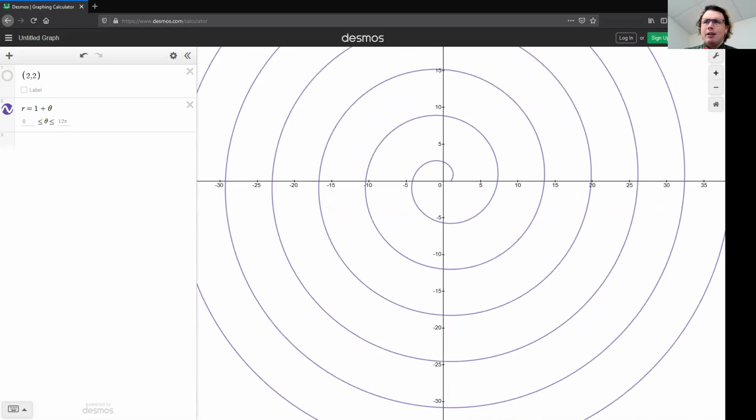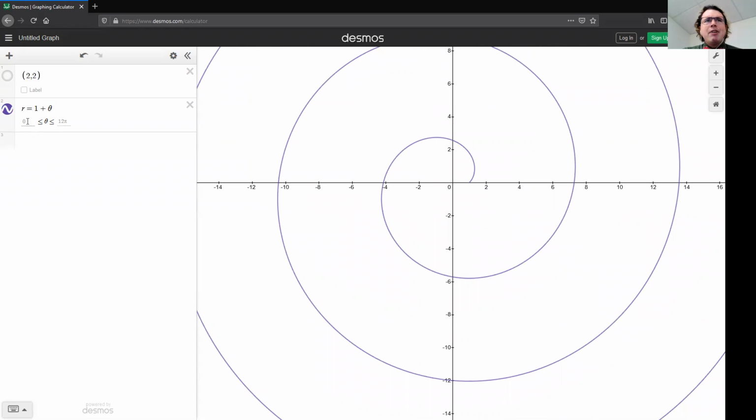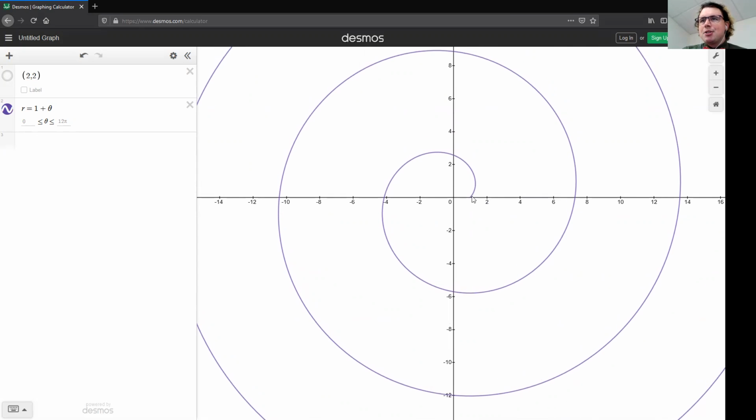So what's going on? The smallest value of theta that I've got is 0. So I look to the direction described by 0 radians. That's just along the x-axis. And I walk out by 1 plus 0 units. And I get this point right here.